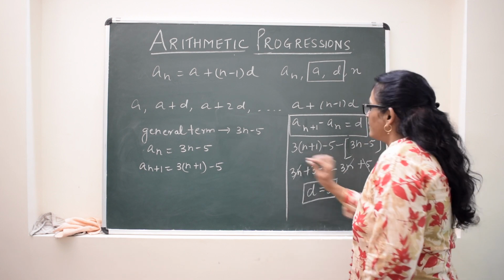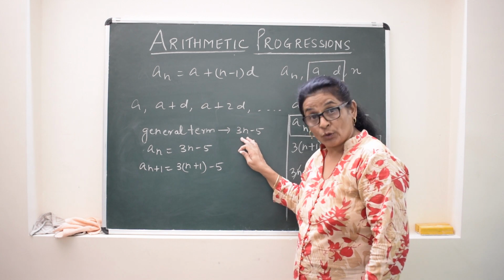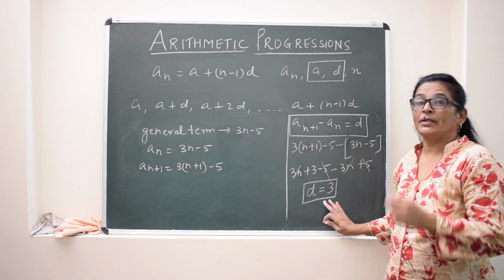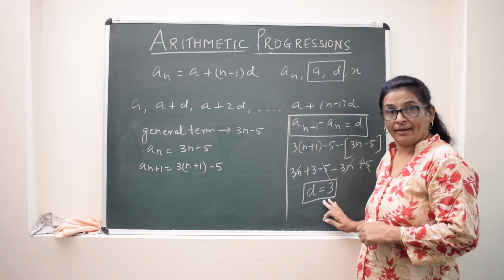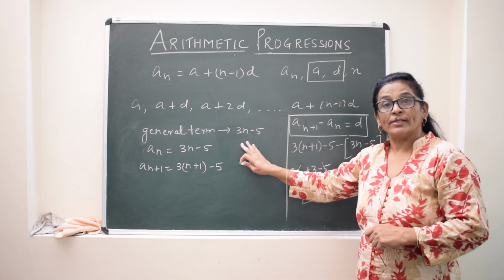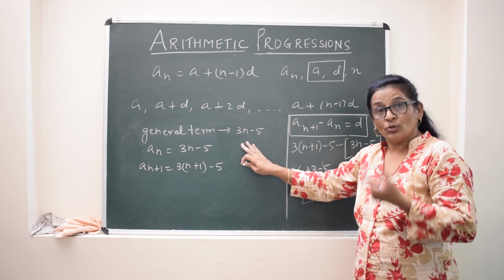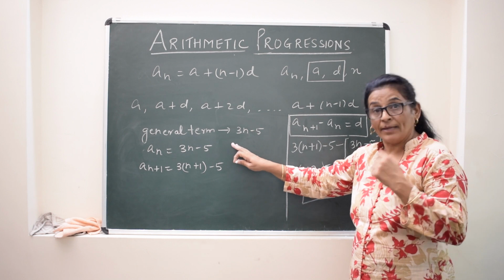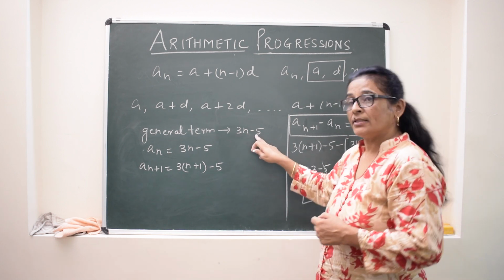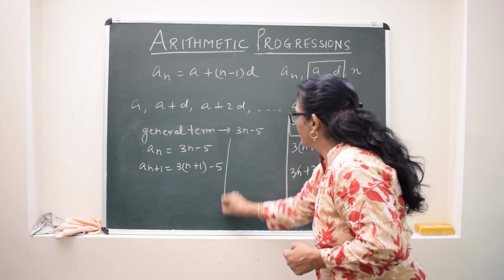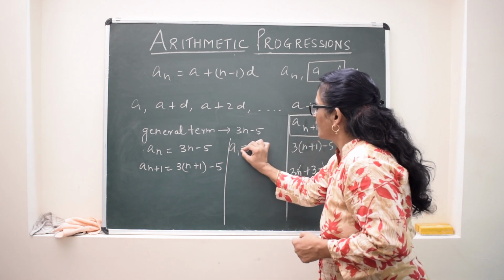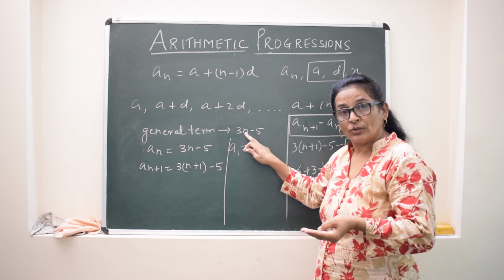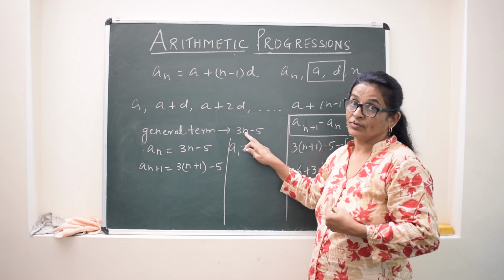So as we get the general term of any sequence, the very first thing we will check is the common difference, and that common difference should be independent of n. Then only the given sequence will be an AP. On the basis of that, we can also find out the terms of this AP. If the general term or nth term is 3n minus 5, then the first term is for n equal to 1, the second term is for n equal to 2. Like this we can write the terms of this AP.